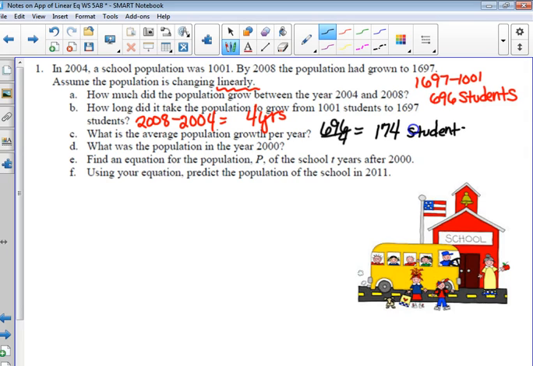It is a rate. Okay, when we talk about a linear equation, what is the rate? Where does that belong in the equation? It is the slope. The rate of change is the slope of a linear equation. Okay? What was the population in the year 2000? If this is increasing at a constant rate, could we go backwards and find that out?